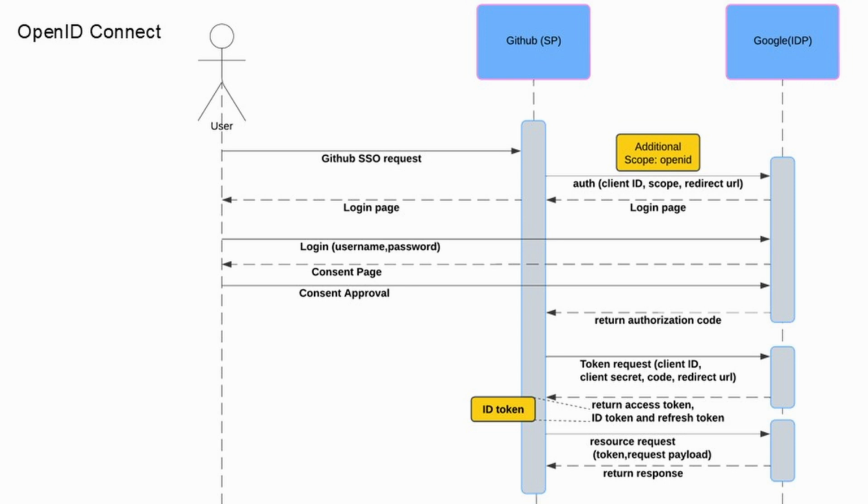And along with the access token and refresh token, the IDP will also send an ID token which will have all the user details that the service provider has requested. So this is the only difference you can say between OAuth and OIDC, but it makes a huge change when you want to authenticate the user, or you need user details.